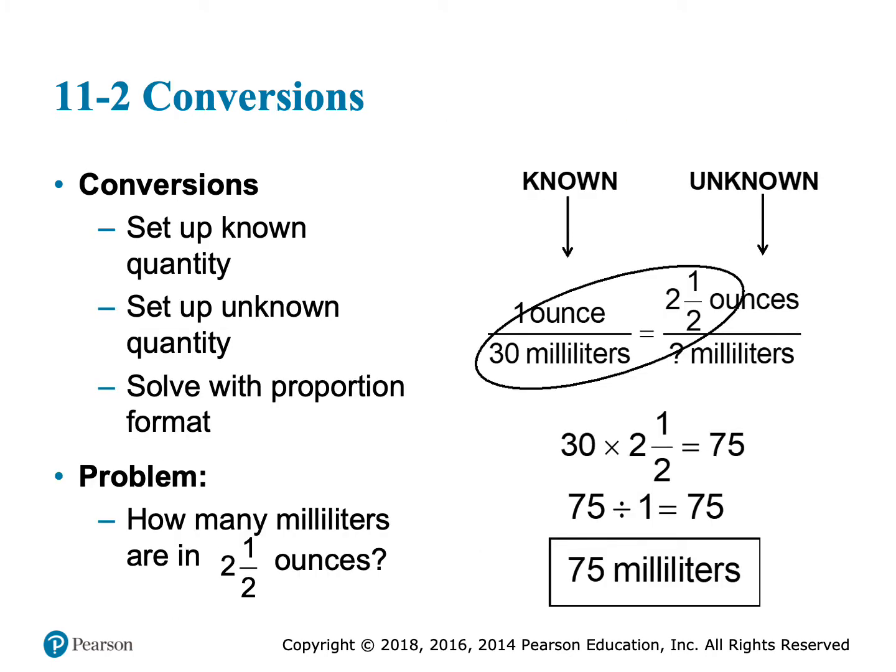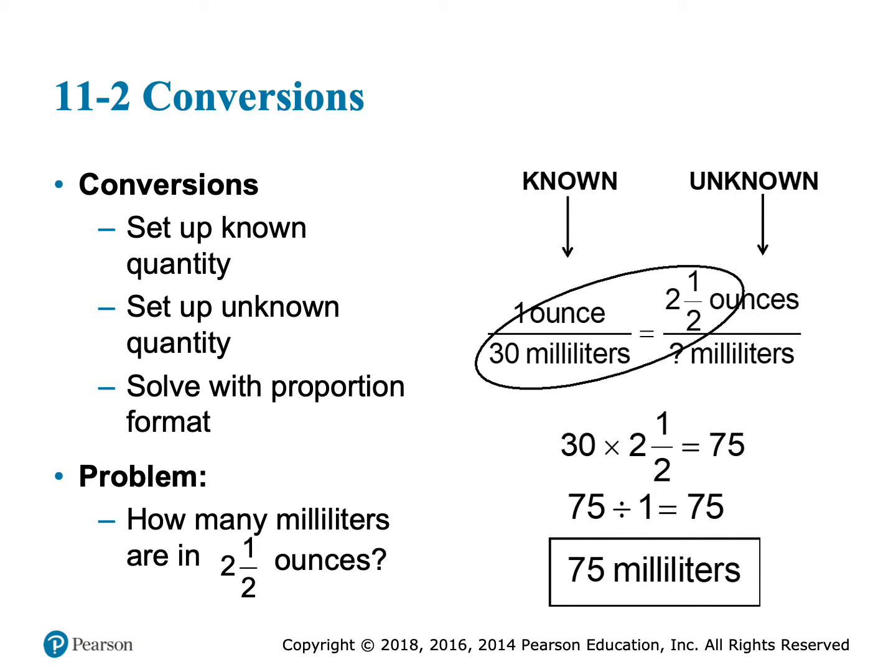All right, so let's talk a little bit about how we do these conversions. These conversions are accomplished by setting up the known and the unknown quantities in proportion format. We've already been using this, right? So let's use the following example as our guide. Here's the problem: how many milliliters are in 2.5 ounces?